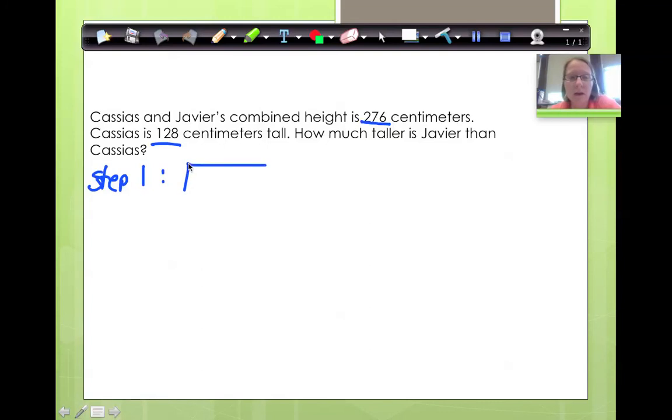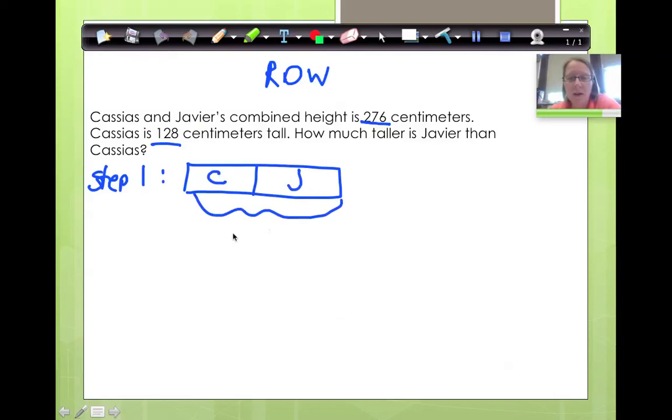So here we go. Make a tape diagram, because we are doing read, draw, and write. So let's do the draw part. This is Cassius, and this is Javier. Their total together is 276 centimeters. Cassius is 128 centimeters.